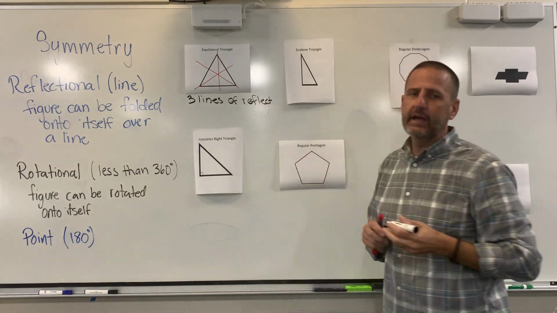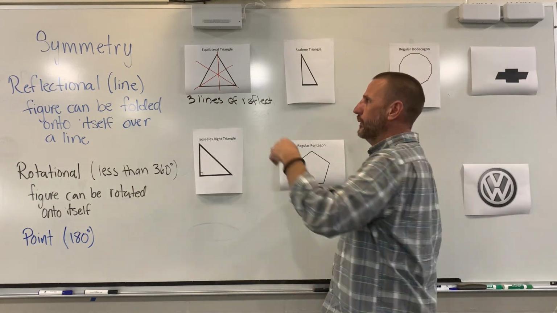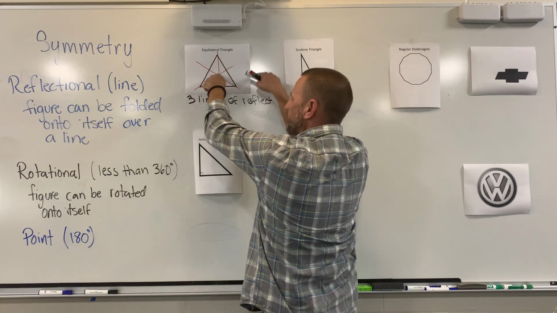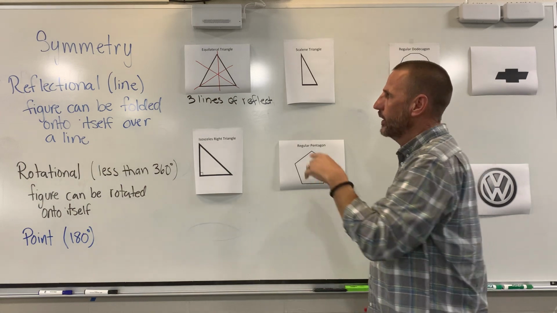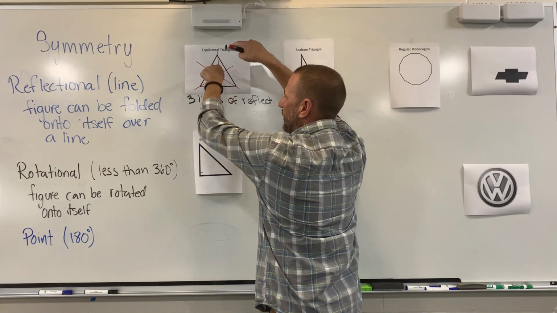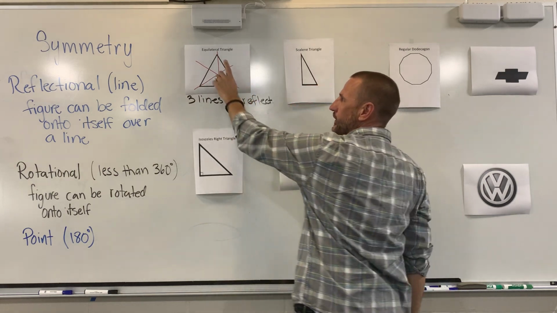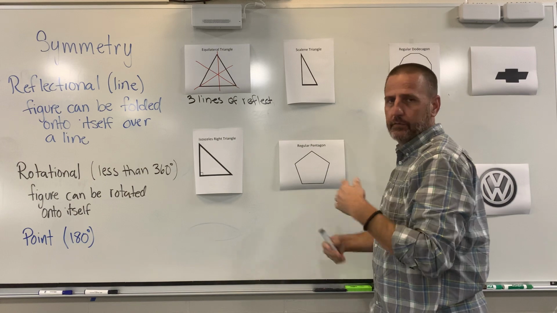All right. Now, when it comes to rotational, I want to know if I were to take and put my finger right in the middle of that shape, could I rotate that around clockwise or counterclockwise? Either way, it doesn't matter. But can I rotate it around if I put my finger right dead in the middle, and can I rotate around and have it so that this one will land on top of this one, and so forth.